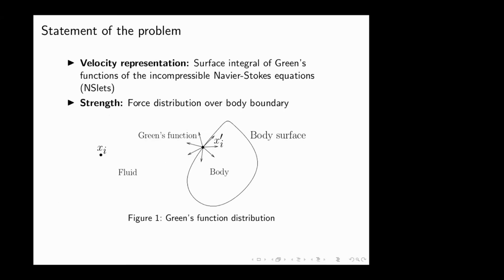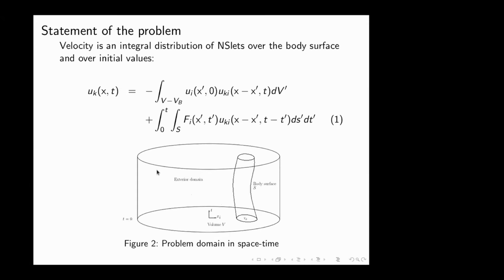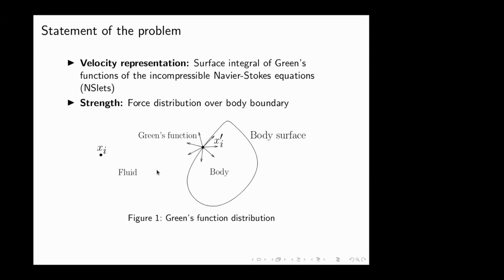Okay, so the problem I'm addressing today is some sort of body in a fluid, essentially an exterior domain. If we look at the diagram here, figure 1, we have a body, and over the surface of that body, I'm going to distribute special functions called Green's functions, and that body is parameterized by the point xi prime.